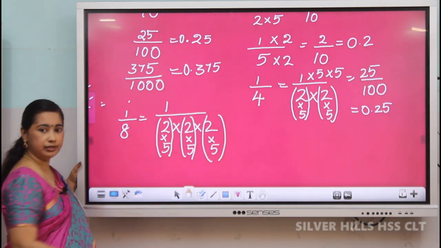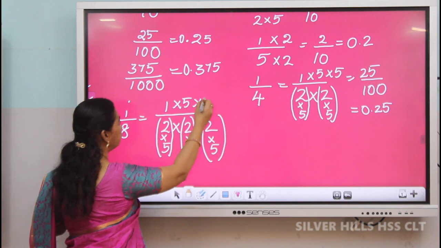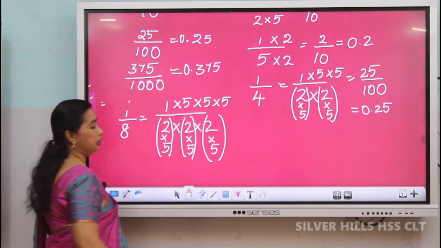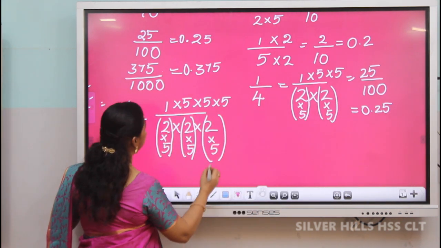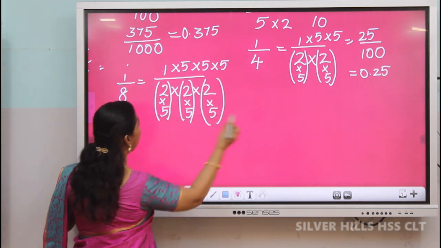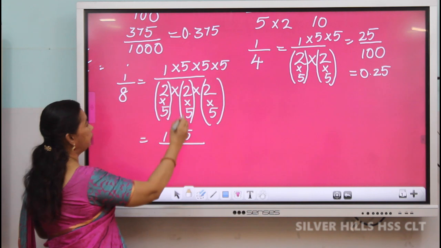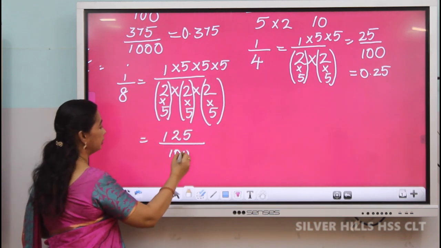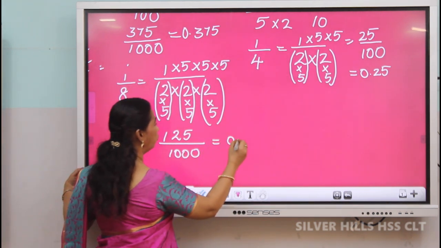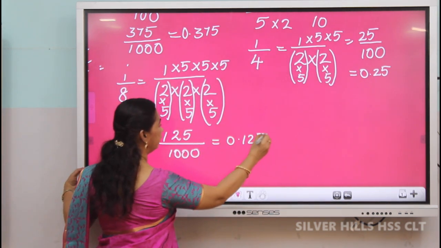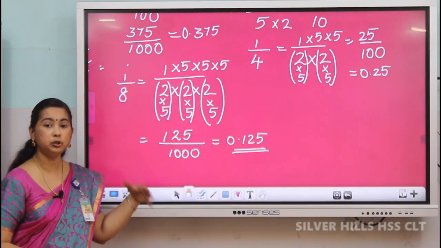These 3 5s I am multiplying in the numerator also, so it is 5 into 5 into 5 in the numerator. We will get 125 divided by 10 into 10 into 10, which is 1000. So that is equal to 0.125. You can see that in each case, I am converting to powers of 10.